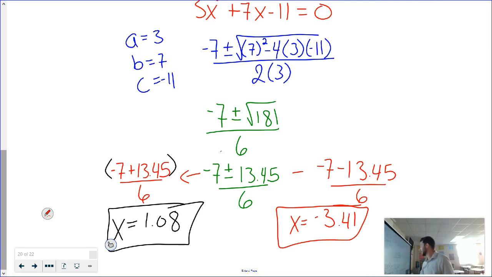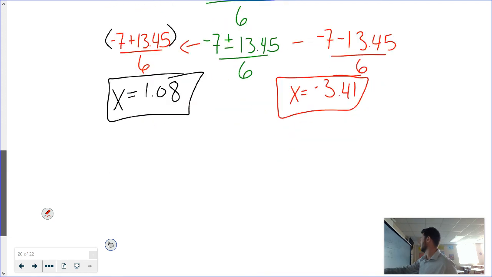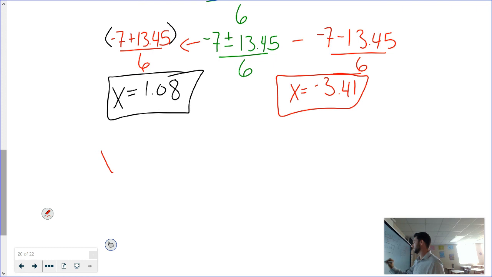So if we were finally doing this, our final answers for this whole problem, whoops, that extended a lot, are x equals -3.41.